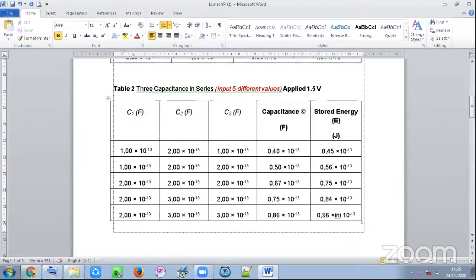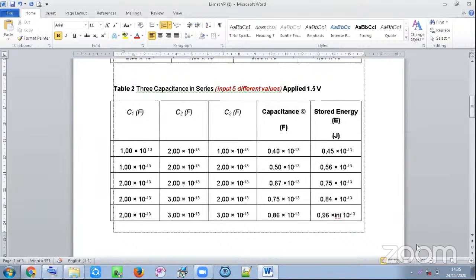We input 1.0 times 10 to the power of minus 13, 2 times 10 to the power of minus 13, and 1 times 10 to the power of minus 13.